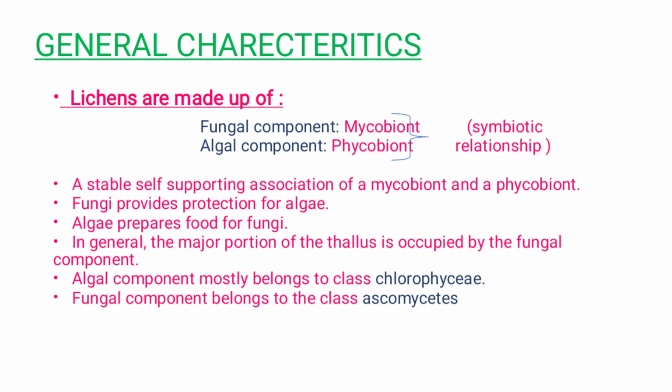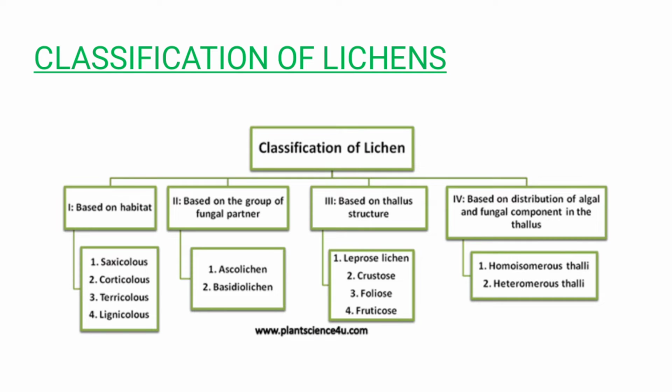Thallus may be defined as the body of the lichen. The algal component mostly belongs to the class Chlorophyceae in lichens and the fungal component belongs to the class Ascomycetes in lichens.